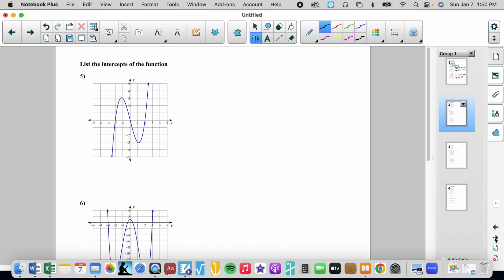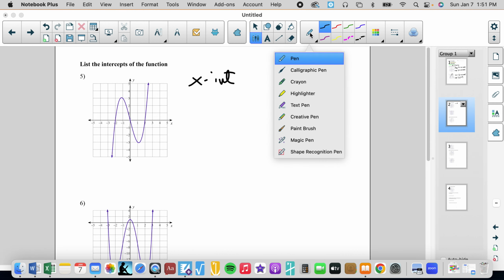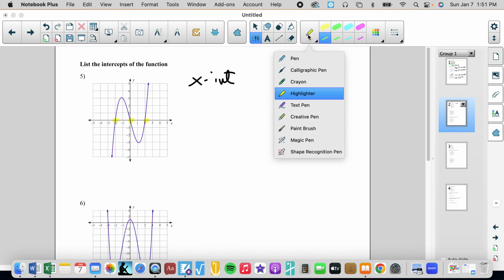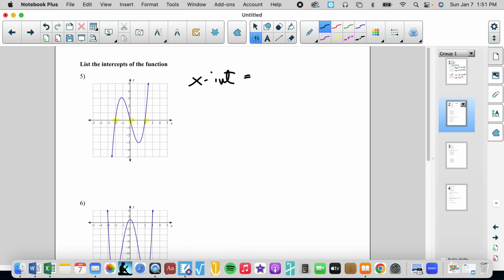List the intercepts. So when we talk about the x-intercepts, we're talking about where this graph crosses the x-axis. It crosses the x-axis at these three locations. It touches the x-axis at those 3 points.